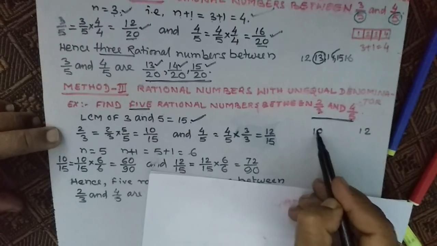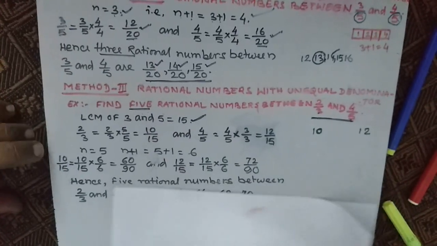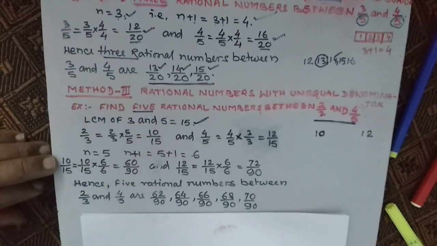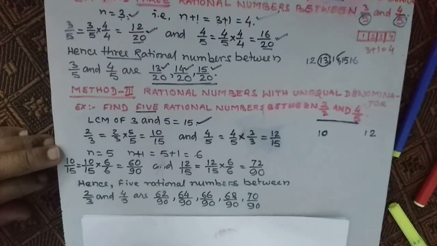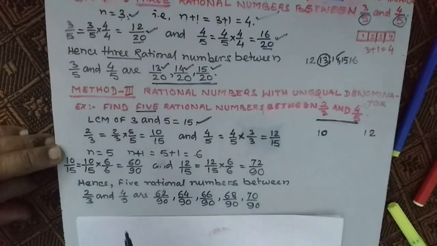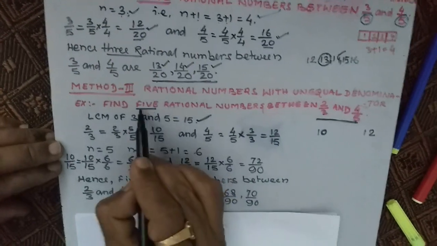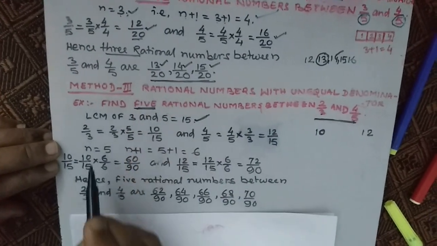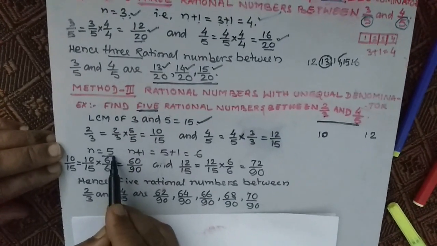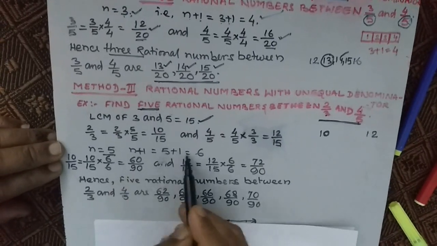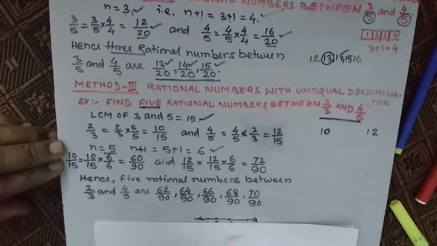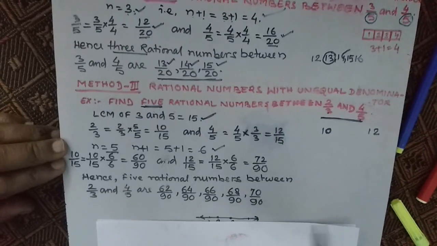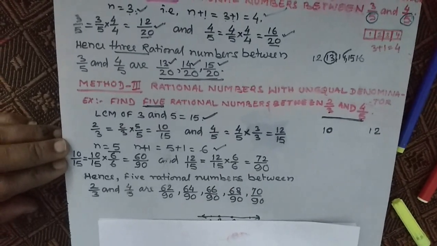In between there is only one number, 11, and we have to find 5 numbers in between. Now, similar to method 2, how many rational numbers do you have to find? 5. Then n equals 5, and n plus 1, 5 plus 1 equals 6. Here you have to find 6 rooms from a room.